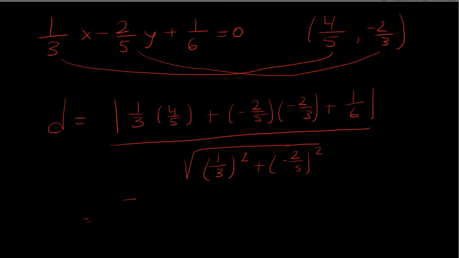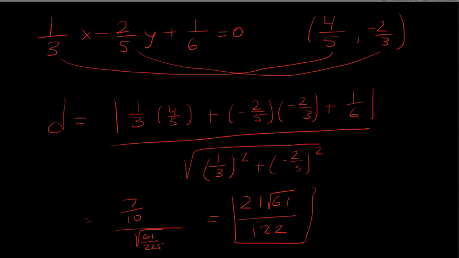The numerator becomes 7 over 10, and the denominator is the square root of 61 over 225. And so that simplifies to 21 times the square root of 61 over 122. And that's my final distance.